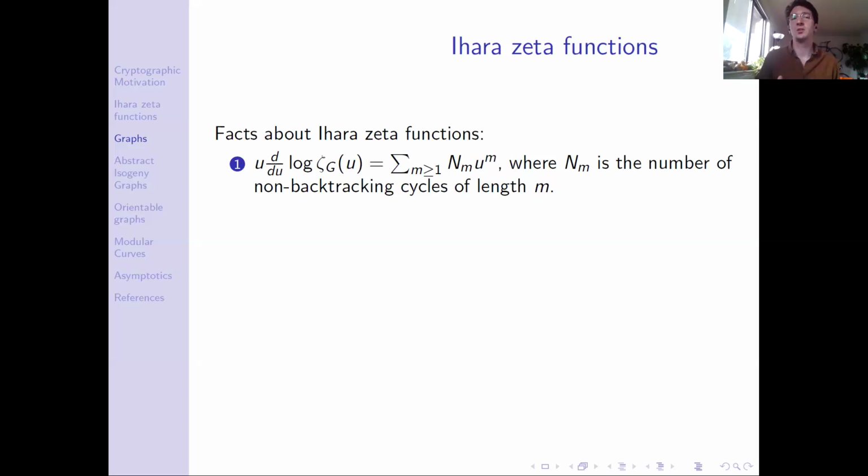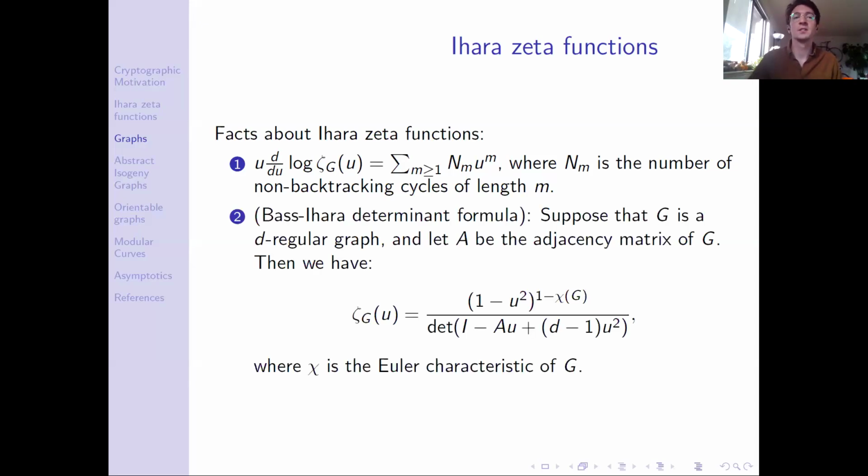So this is why we can use these functions to study the asymptotic number of cycles of a given length in the graph, because we might be able to do some sort of analysis to look at the growth of the coefficients of this generating series, and then understand how the number of cycles grows with m from that analysis.